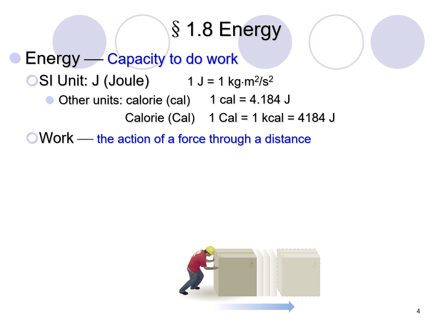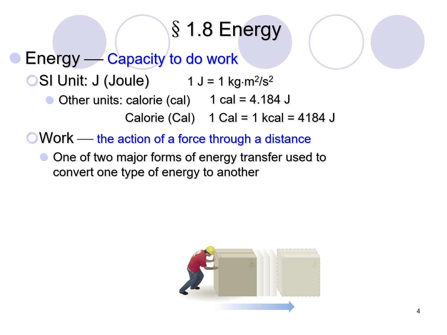But here, I just want you to realize work is one of the 2 major forms of energy transfer that can be used to convert one form of energy to another. From this picture, by doing work, this gentleman, listen carefully, is converting the chemical energy inside his body to the kinetic energy of this box.